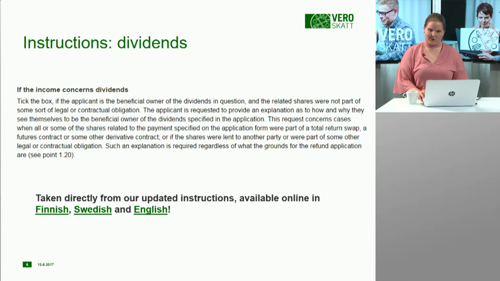This goes into more detail on what those contractual obligations might be, for example, a futures contract or something like that. But in any case, we would need an explanation from you on what this arrangement has been, if you feel that there has been some sort of arrangement like this.